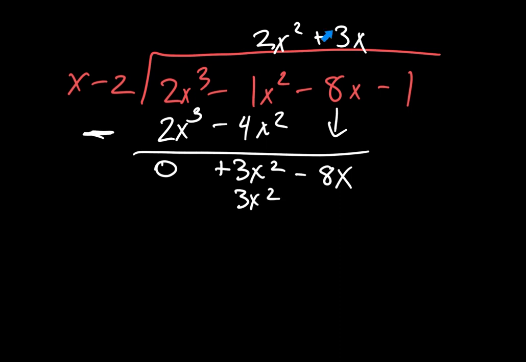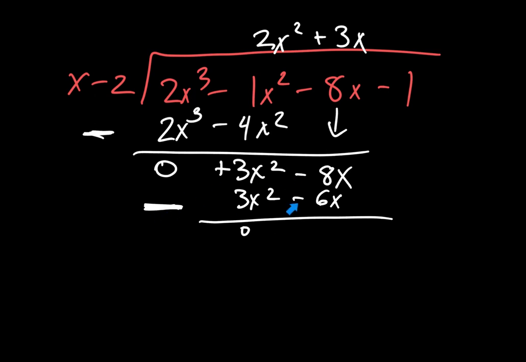And then I go 3x times the negative 2, which is negative 6x. Make my line. And then I am subtracting. Do I make it an obscenely large subtraction sign? Yes. So I can keep track that that's what's going on. 3x squared minus 3x squared is 0, which it should be if I'm doing my problem right.